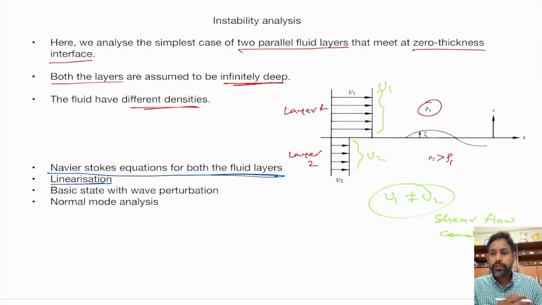So the basic flow is when we have this velocity u1 and u2, but then there is some perturbation, which basically means that there are small changes in velocity depending on the wave, and with increasing wave amplitude with time, the perturbed velocity will also change, right?